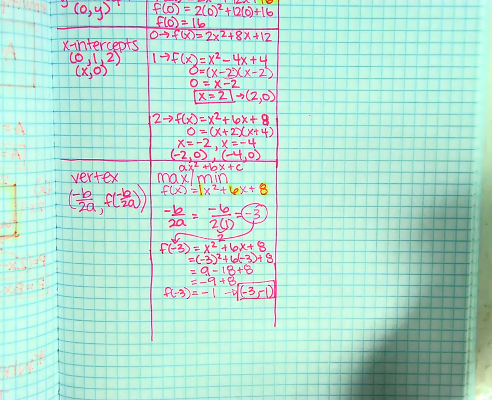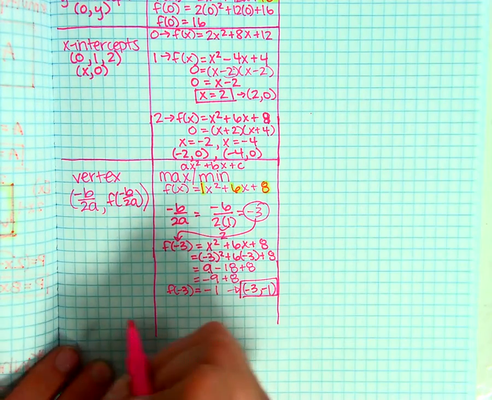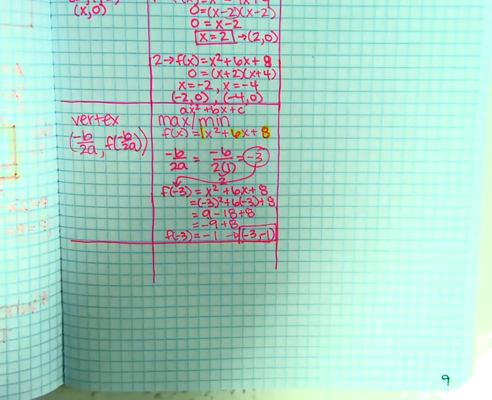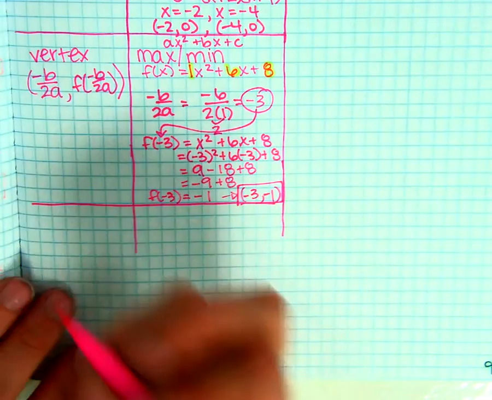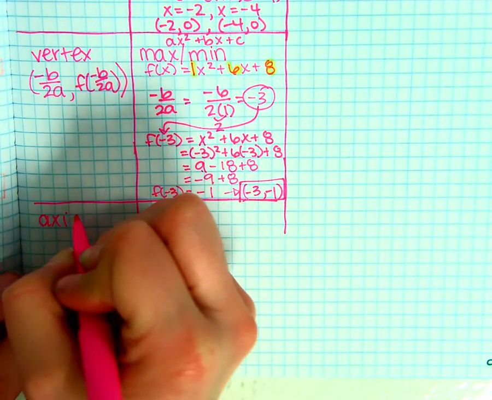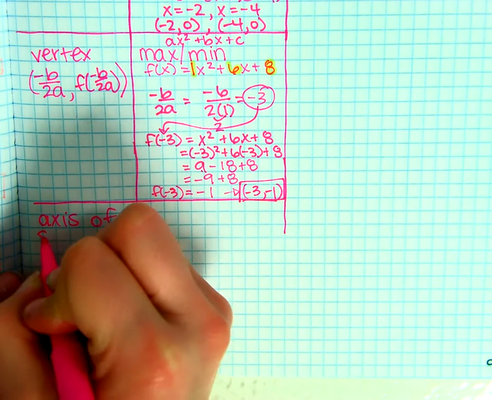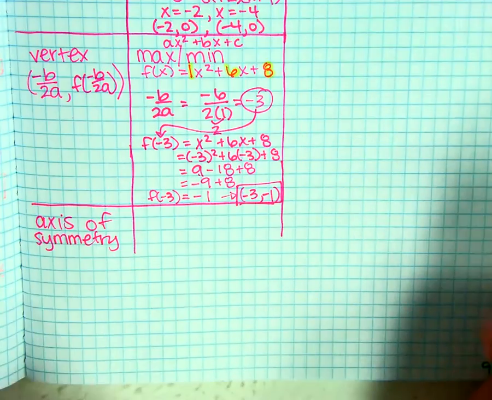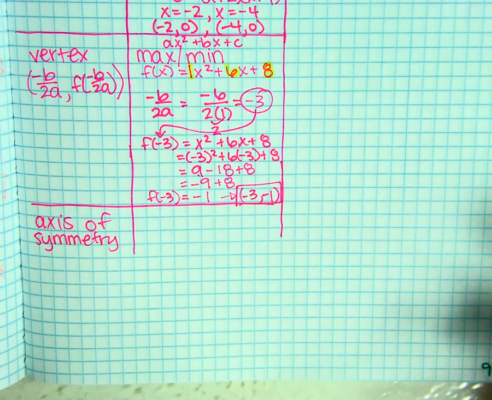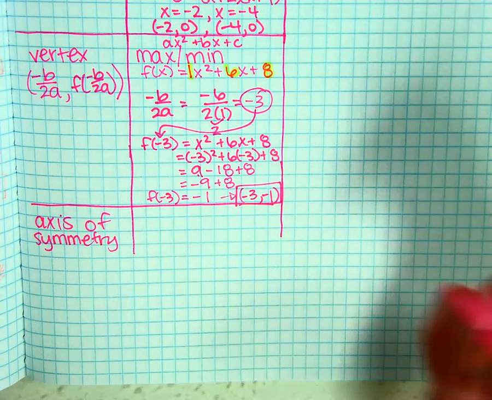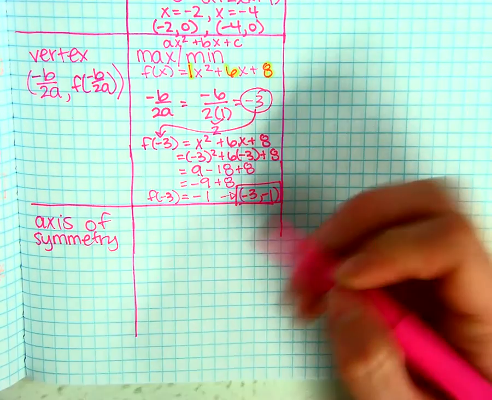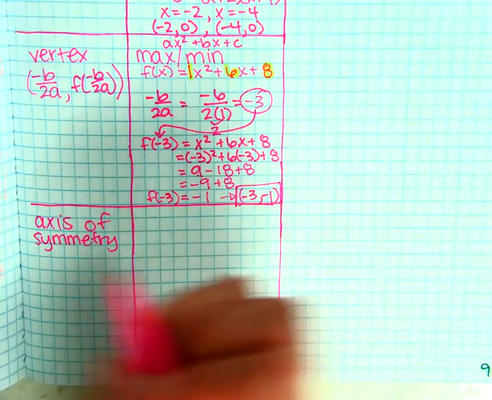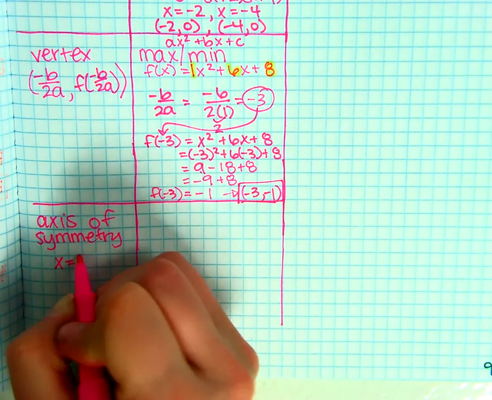Last but not least is our axis of symmetry. So we have this thing called an axis of symmetry. An axis of symmetry is something that is kind of right in the middle of the parabola. It is actually just x equals negative b over 2a.